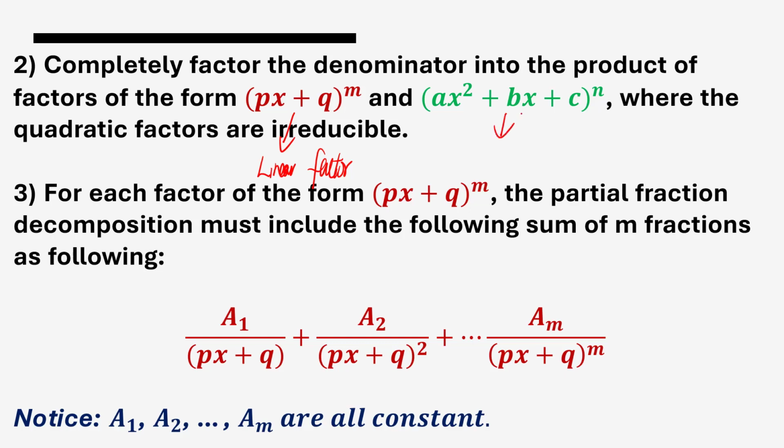And ax squared plus bx plus c is a quadratic factor because it's a quadratic term. You are only allowed to have two types of factors, linear factors or quadratic factors. Also, the quadratic factor must be irreducible, meaning you cannot factor it anymore. So this is complete factoring.